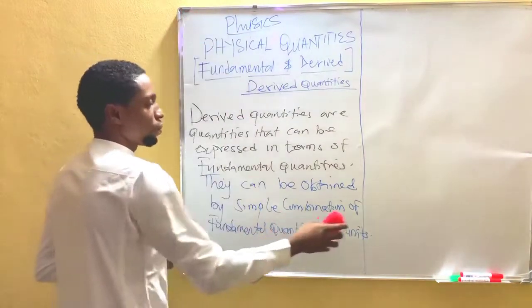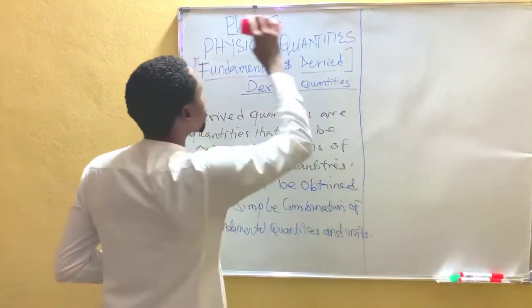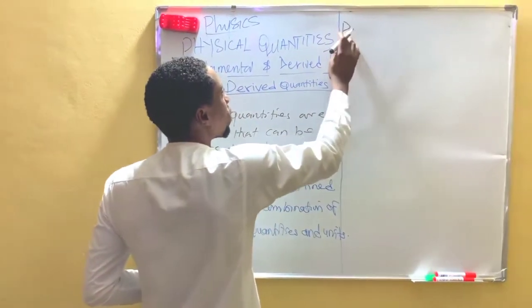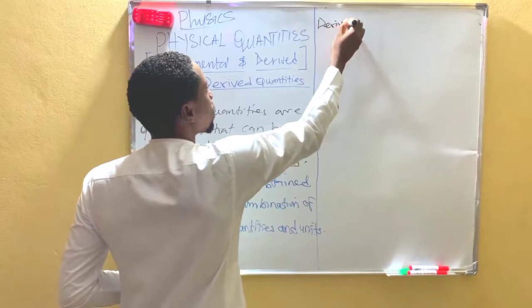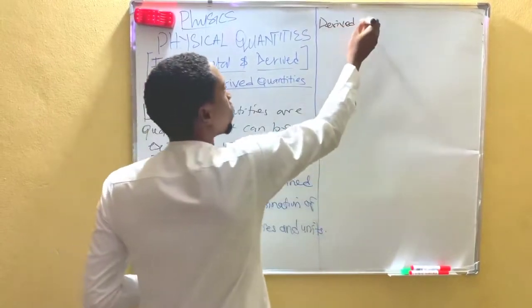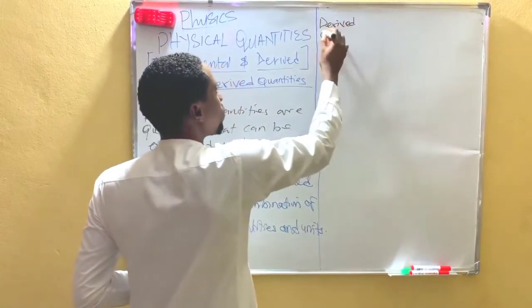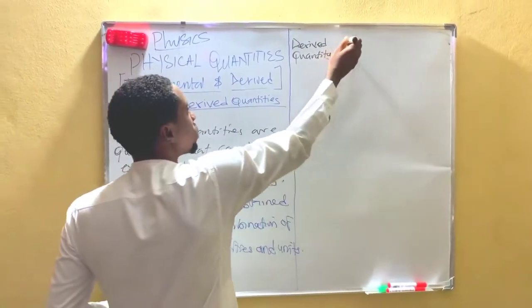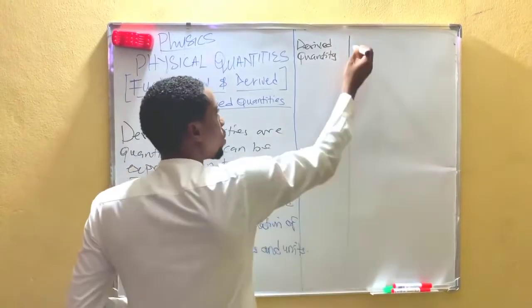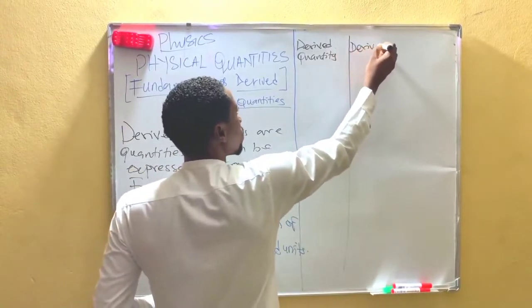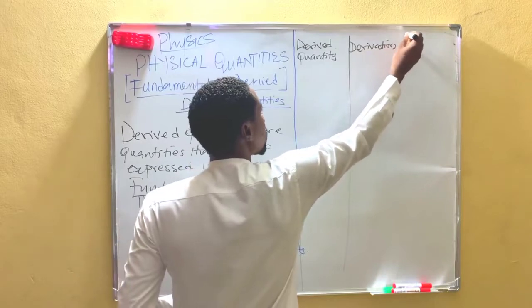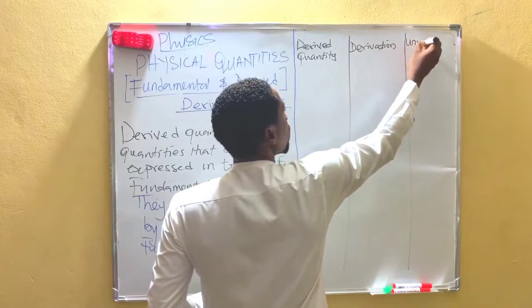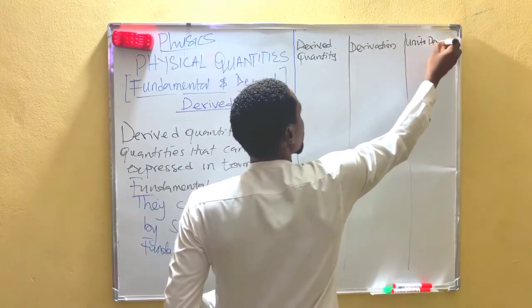For example, we have derived quantities. Then we have unit derivation.